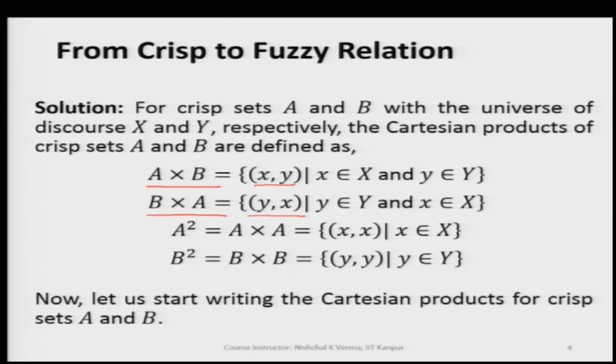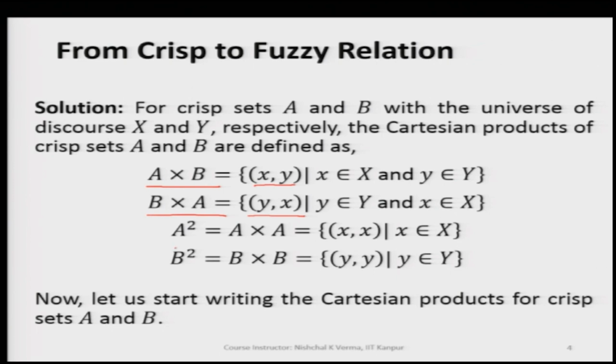Here it is to be noted that the order is very important in the Cartesian product, the order in which the pairs are formed. In A cross B, we have (x, y) as a pair, but in B cross A we have (y, x) as a pair.